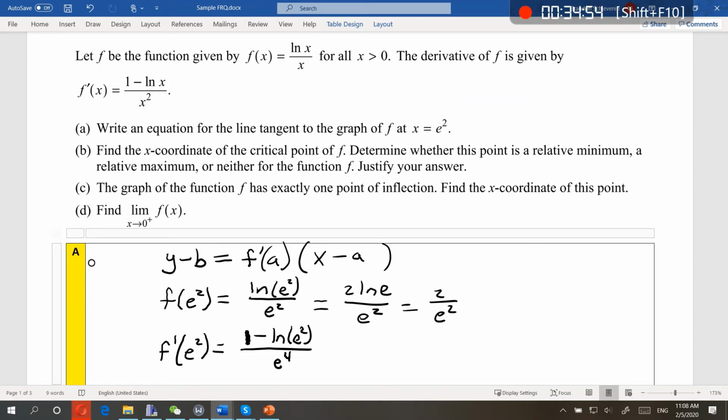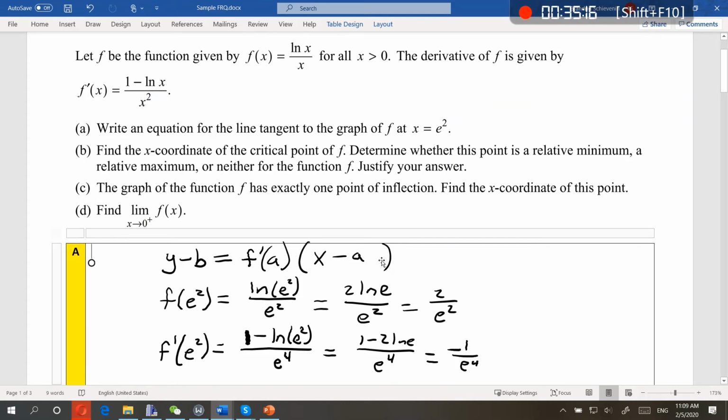Again, we can break that apart. With the power property, I'll pull my 2 down, so this will be 1 minus 2 ln e. ln e is 1, so that's 1 minus 2 over e to the 4th power, which is negative 1 over e to the 4th power.